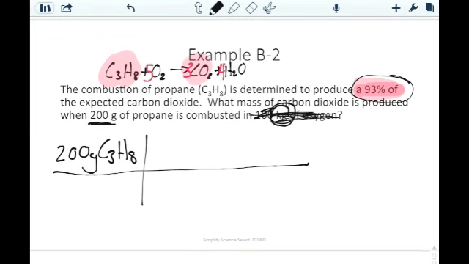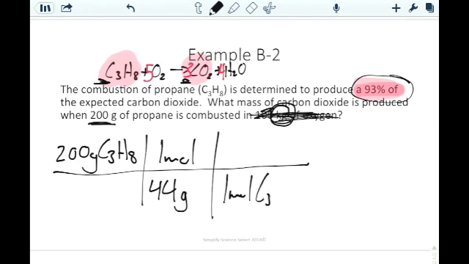We need the molar mass of our propane, which is right around 44 grams is 1 mole. And we look at the mole ratio between these two. It's 1 to 3. So 1 mole of our C3H8 equals 3 moles of our CO2.